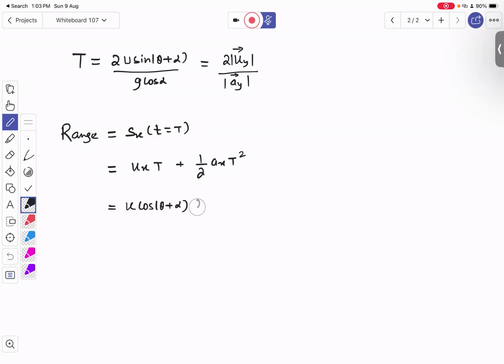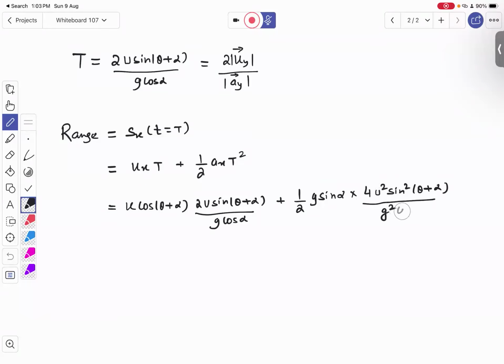Time of flight is 2u sine theta plus alpha by g cos alpha. Ax is g sine alpha, so half g sine alpha into t square, which will be 4u square sine square theta plus alpha by g square cos square alpha.